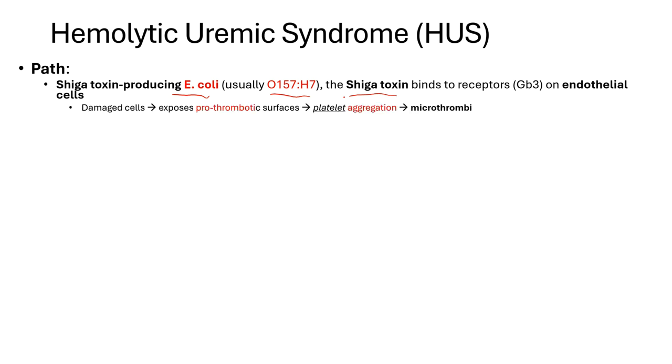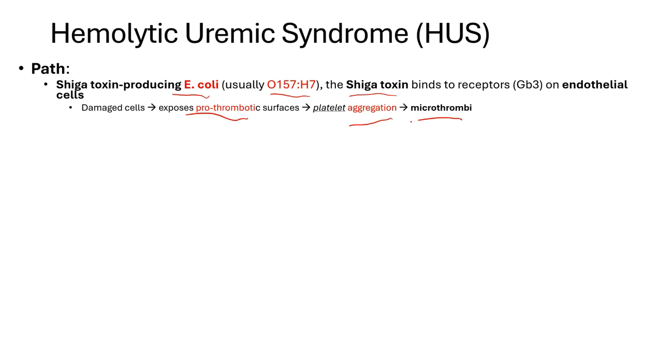These damaged endothelium expose prothrombotic surfaces. This triggers platelet activation and aggregation, causing microthrombi. Thus, in HUS, we are still producing these microthrombi, which like to affect renal capillaries and arterioles.